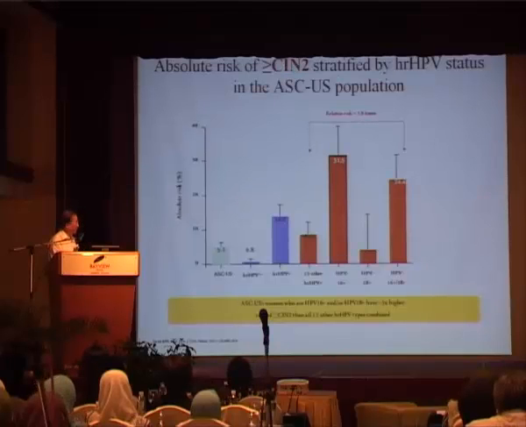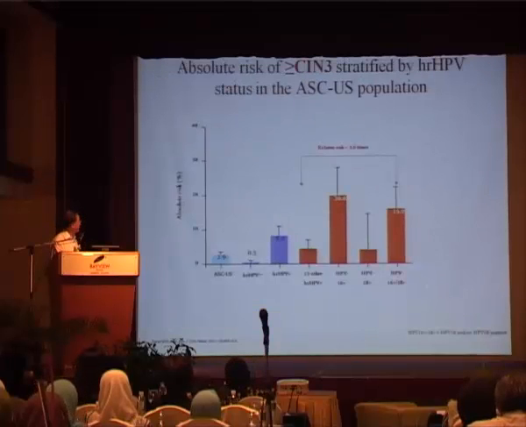If you don't like CIN2 plus as an endpoint and look at CIN3 plus alone, you can see it's the same. HPV 16 and 18 detection highlighted 3.6 times higher risk of having CIN3 plus lesion among these ASCAS women.